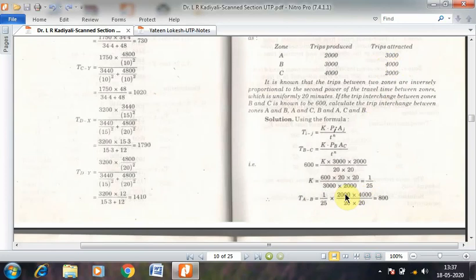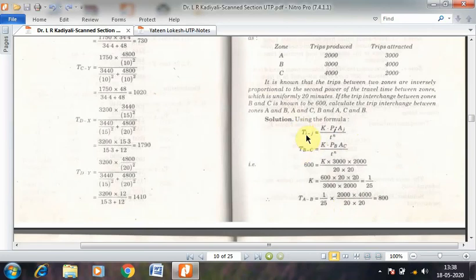So P_A, A_B divided by 20 multiplied by 20, that is 20 square. I am just substituting the values corresponding to this general equation. You need not get confused about how things are being taken into consideration. You just need to remember this general equation.